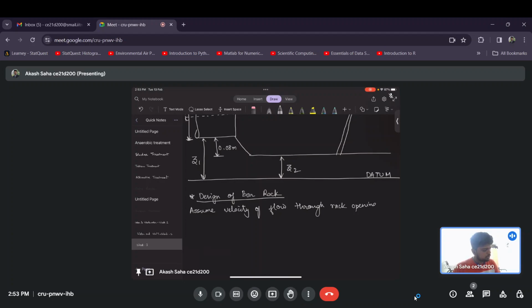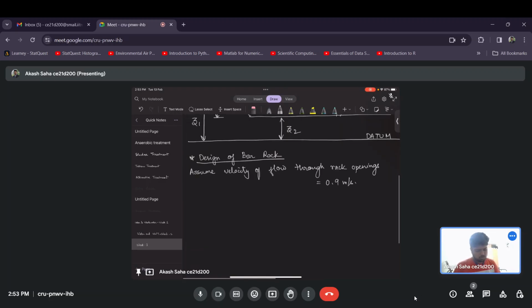So this data is not given. For a multiple choice question, this data will be given, but for a design problem, it is not given. We will assume it to be 0.9 meter per second.